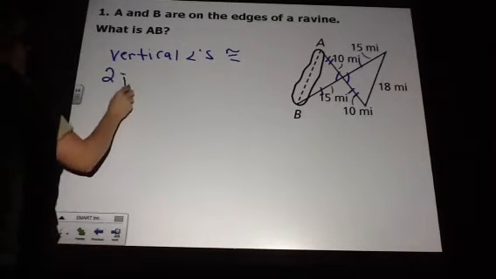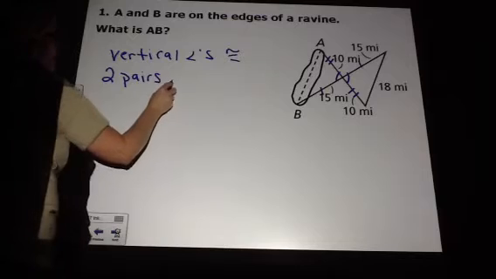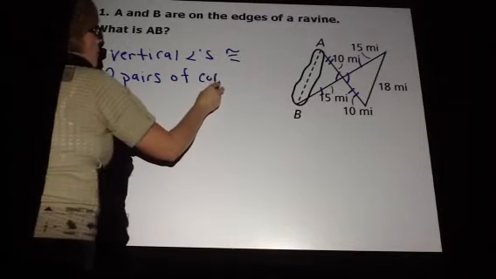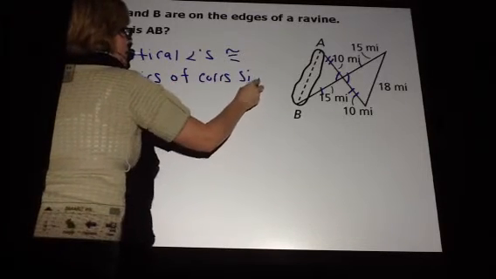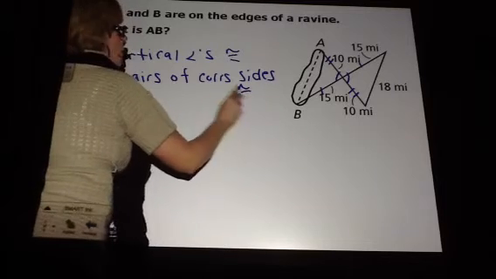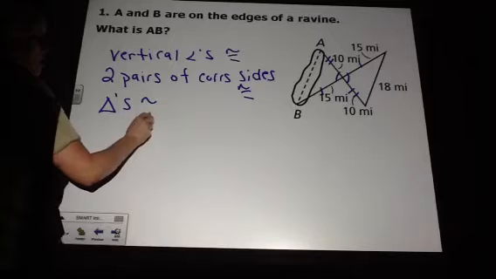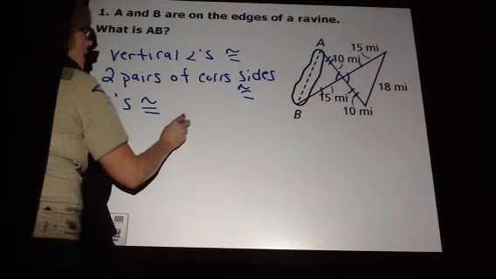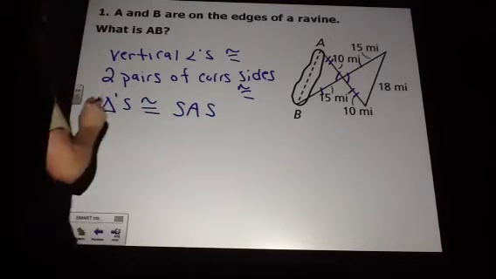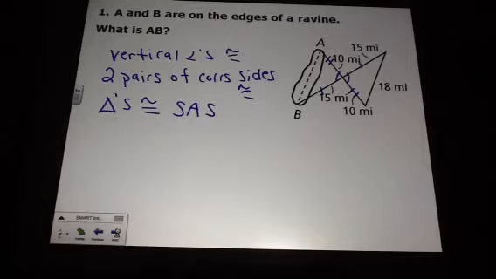And we have two pairs of corresponding sides congruent. So we can say the triangles are congruent because of side, angle, side. That angle is the included angle between those sides.